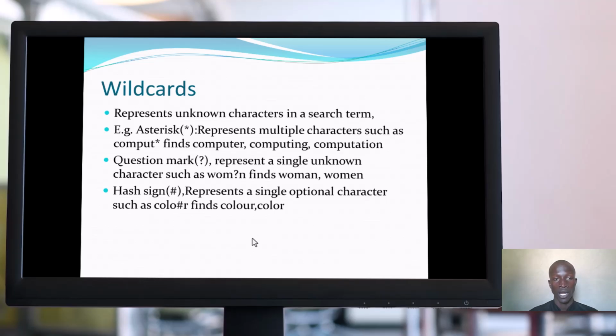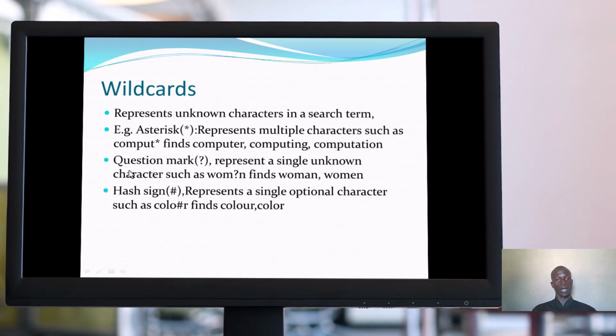This gives room for spelling variations, like we can use this asterisk sign to represent multiple characters. Give me an example. When we write compute and we put the asterisk, we are going to be able to find searches on computer, computing, and computation.